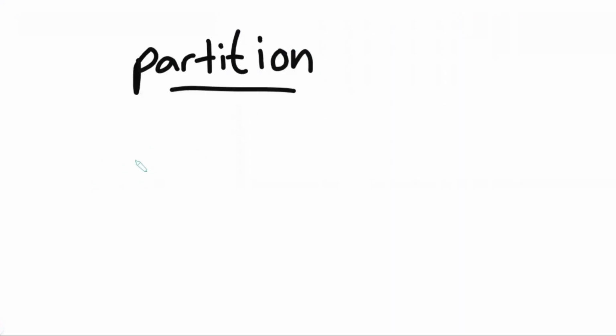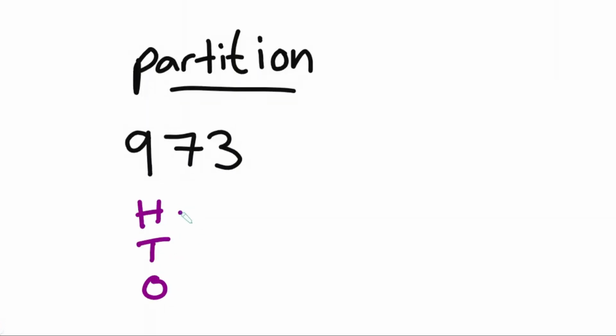So let's say, for example, I had the number 973. When I say partition, it means we're simply going to break them up into hundreds, tens, and ones. How many hundreds, how many tens, and how many ones?